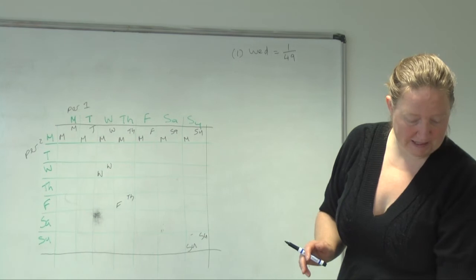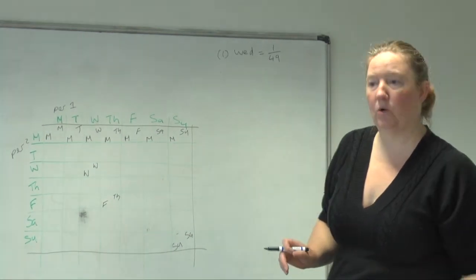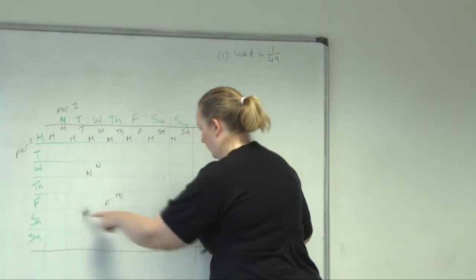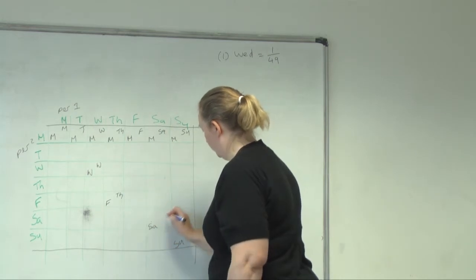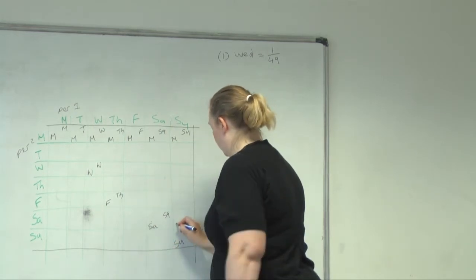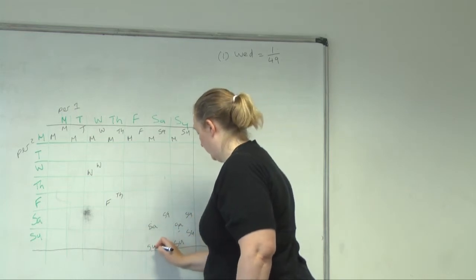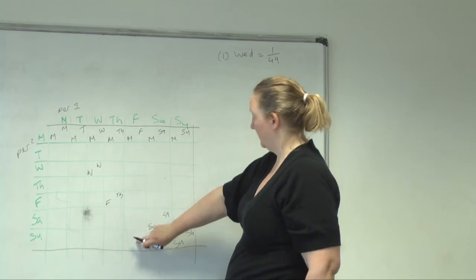Find the probability that both people were born at the weekend. Okay, so Saturday or Sunday, but both of them. So this person's Saturday. This is a Saturday, Sunday. This is a Sunday. Okay, this doesn't work because that would be a Sunday, Friday.